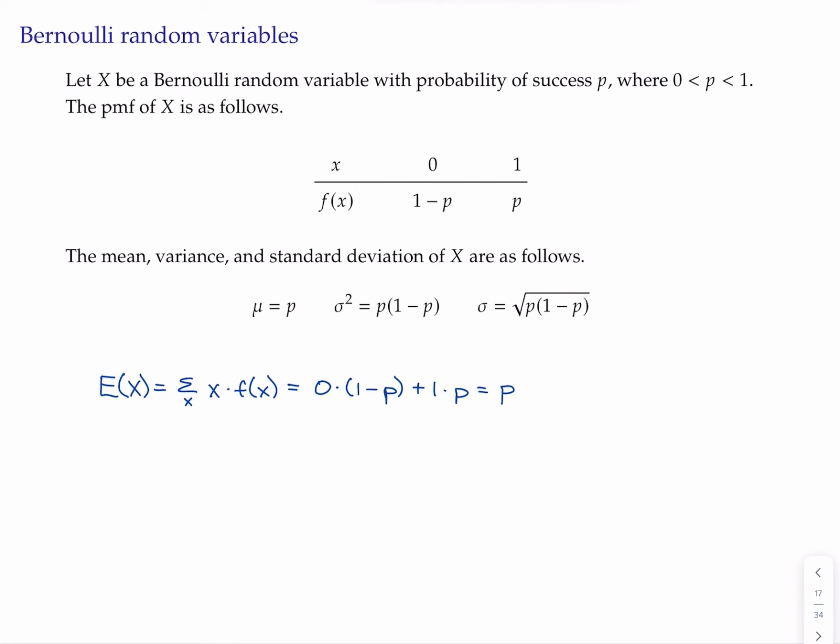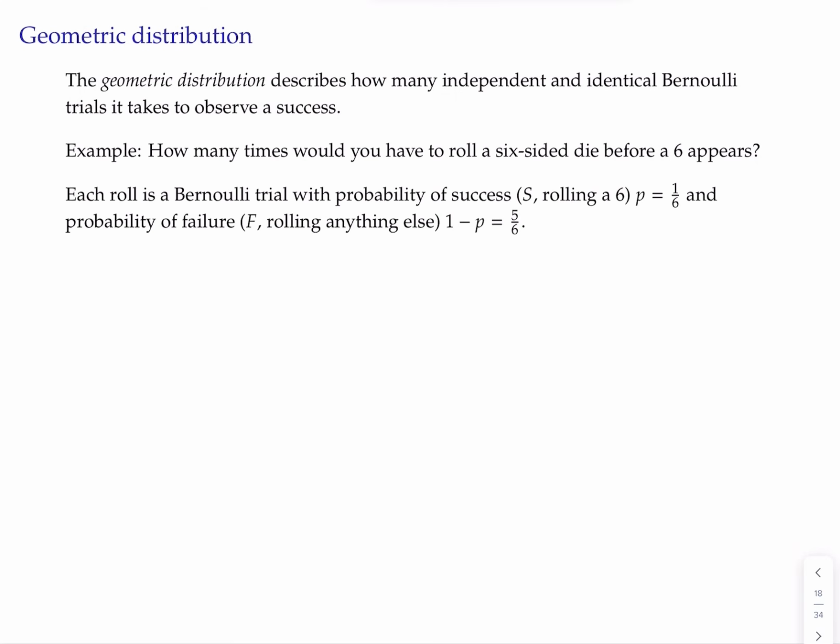They're not very complicated, but if we're dealing with Bernoulli variables, we're often thinking about multiple iterations or multiple trials of the underlying process. And so one of the distributions that comes out of this idea of repeated Bernoulli trials is the geometric distribution.